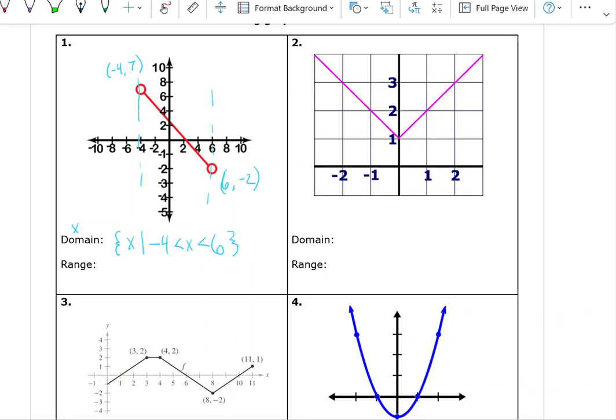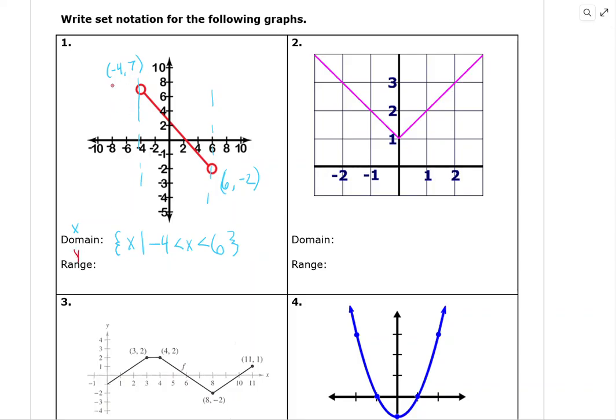Now, when we look at our range, that's our y values. So we're looking at how high that range went up here and how low it went. It's falling somewhere in the middle of this. So we're trying to say what numbers are in the middle. We're trying to figure out what is our highest y value, which is 7, and our lowest y value, which is -2.